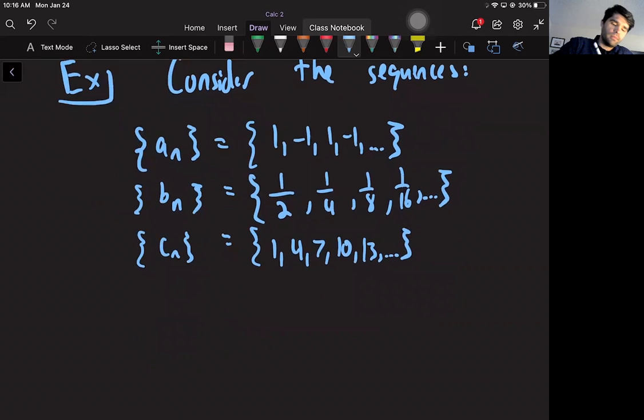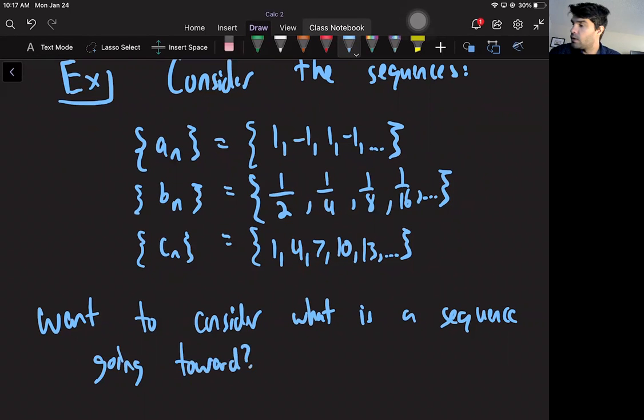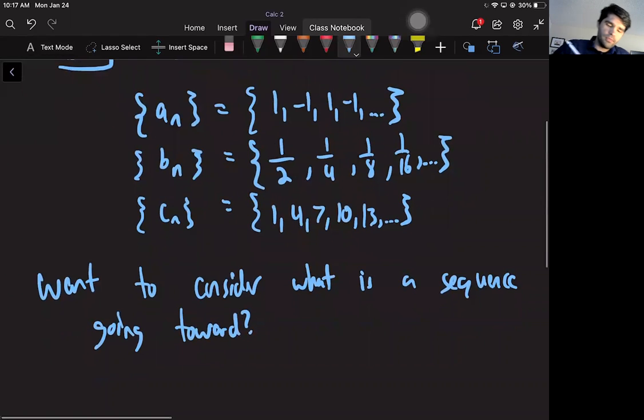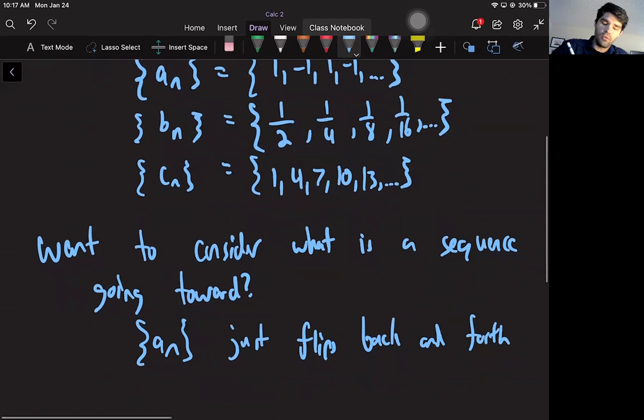So we want to consider what a sequence is going toward. So for example, AN just flips back and forth between 1 and -1.